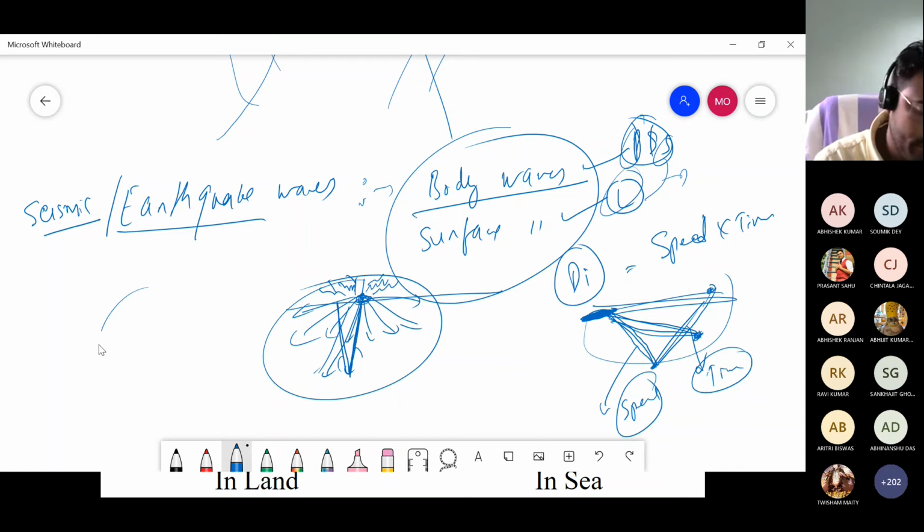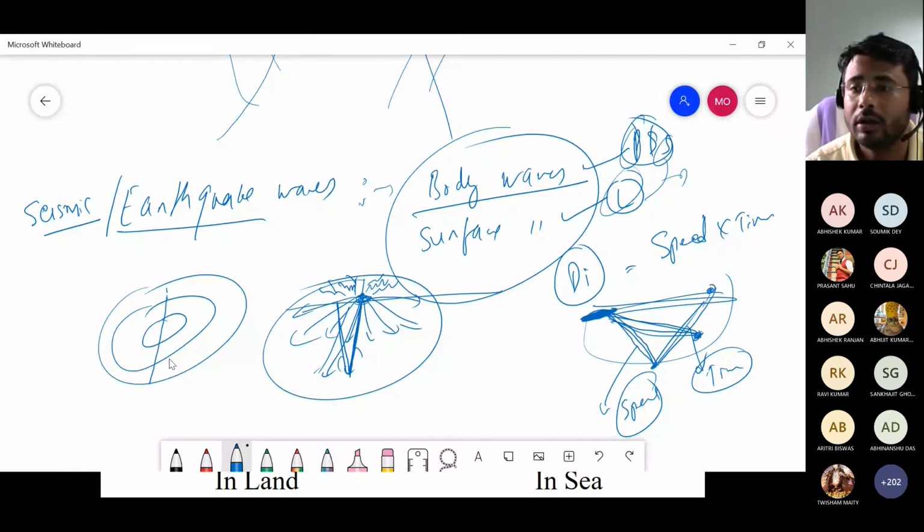Okay. So if you have P waves, which have the capacity to penetrate, the other one is the secondary wave.